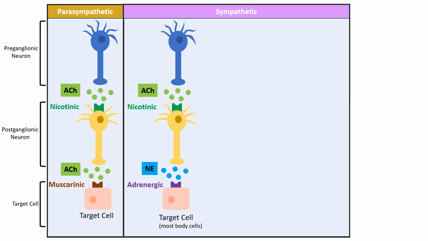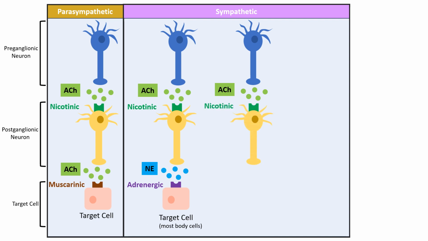In this other scenario in the sympathetic nervous division, we're going to be targeting specific structures in the body. So let's go ahead and take a look at that. So here we're going to have our preganglionic neuron, and it's going to be releasing acetylcholine. Our postganglionic neuron is going to have nicotinic receptors that are going to engage that acetylcholine. But what sort of neurotransmitter is this postganglionic neuron going to release?